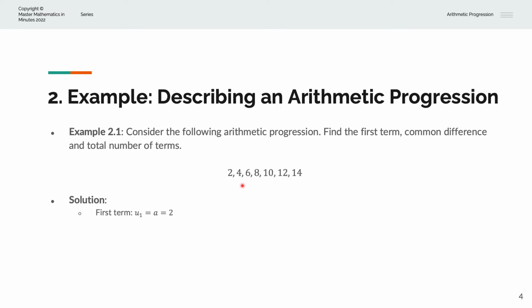And 2 plus 2 is 4, 4 plus 2 is 6, and 6 plus 2 is 8. And so the common difference is d equals 2. And by counting the number of terms, we have 1, 2, 3, 4, 5, 6, 7. And that gives us a total number of terms, n equals 7.